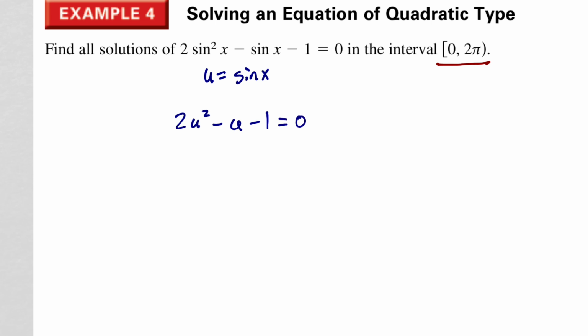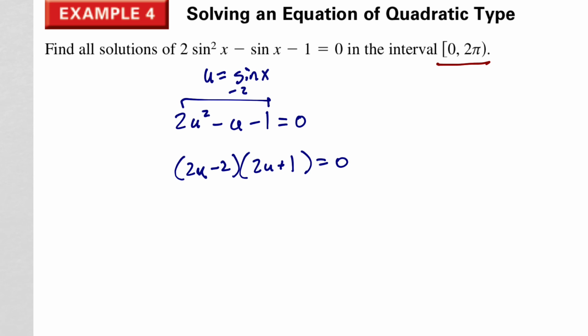We'll go ahead and factor that. Let's start with 2u in both sets of parentheses. We're trying to multiply to make -2, trying to add to make -1, so that's going to be -2 plus 1.